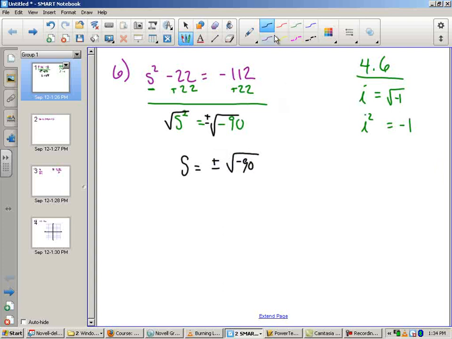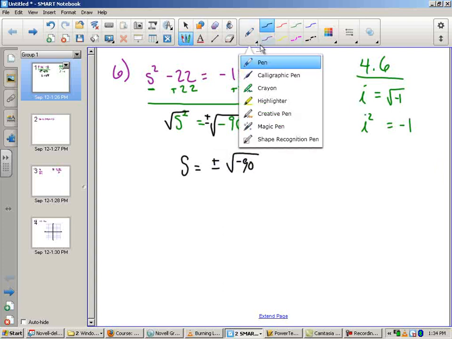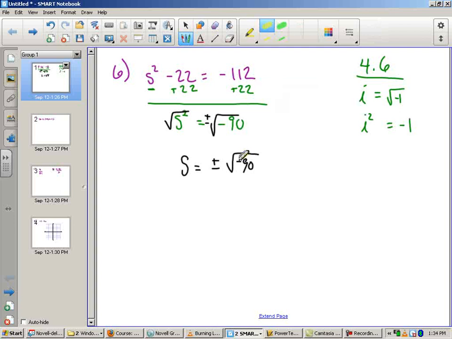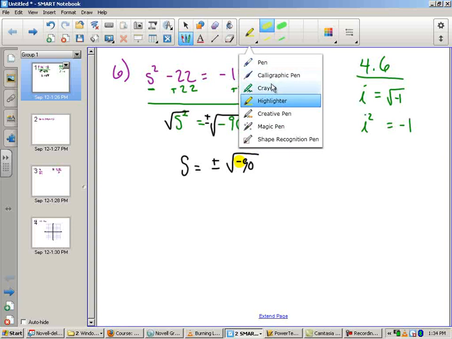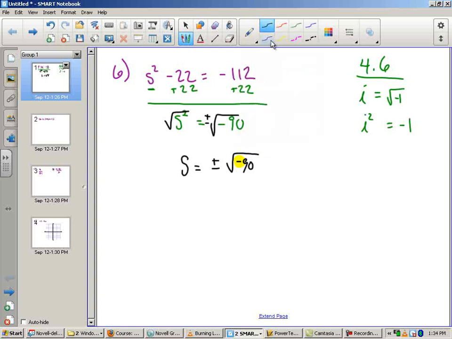Now anytime I see a negative number like this, I know that I need to have an i in my answer. And so down here I'm going to have s equals plus or minus. Okay, I've got three pieces.